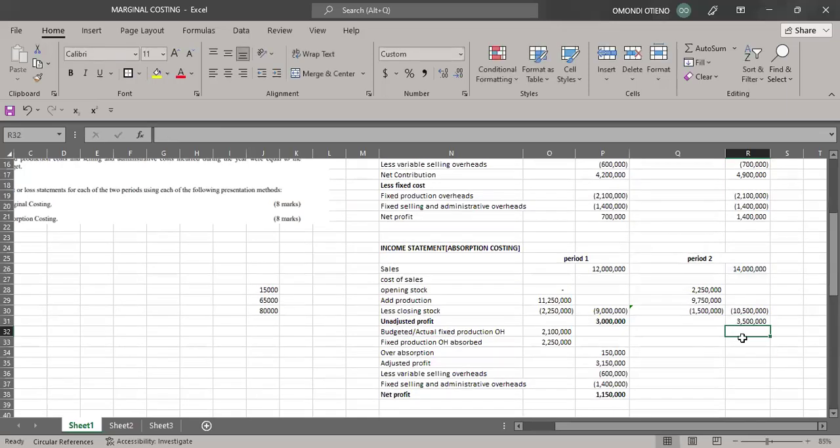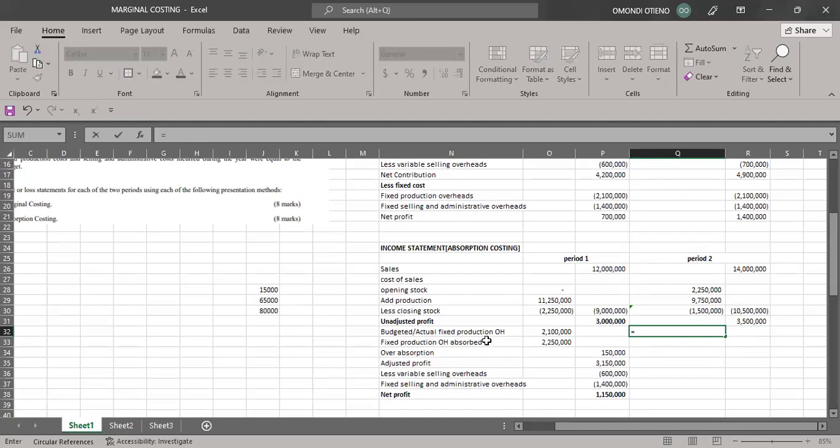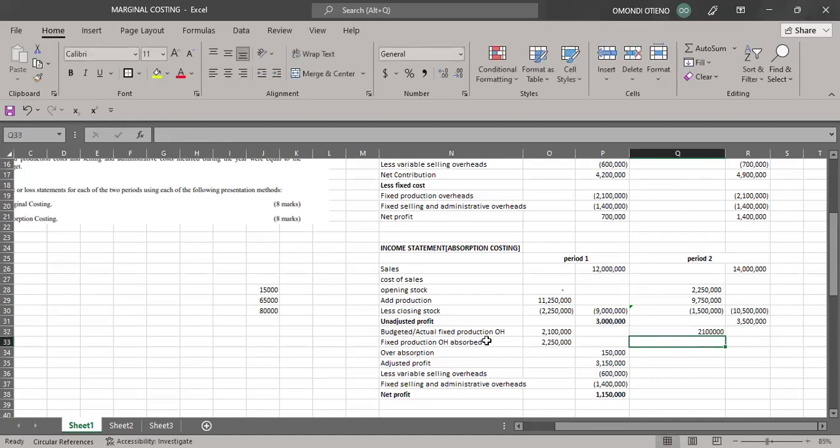This unadjusted profit, we need to adjust it. We need to look at budgeted or actual fixed production overheads, which is 2,100,000. Now that we are not given actual, we take the budgeted.